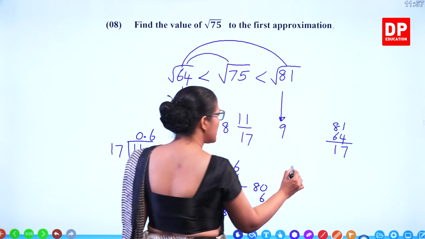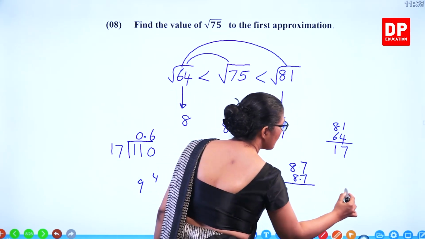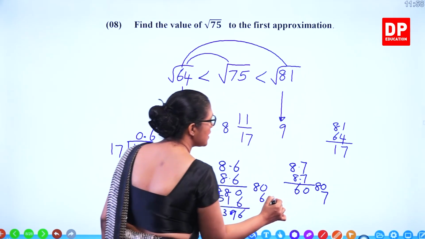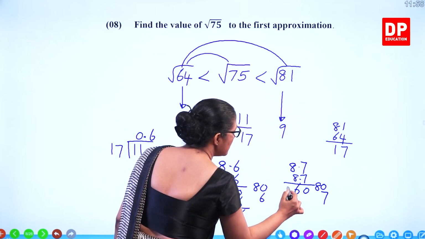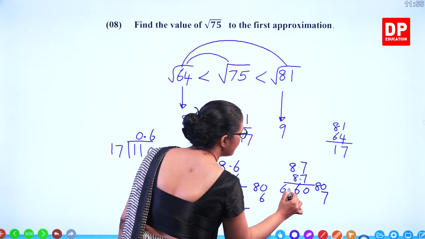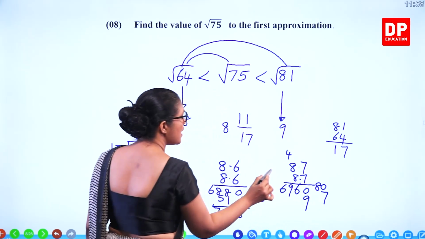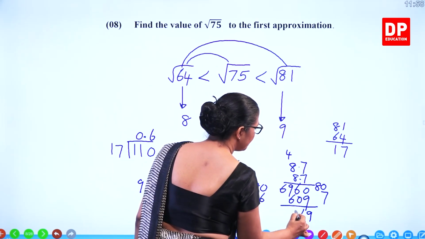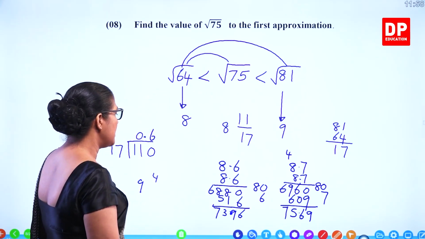If you take 8.7, 8 times 7, 56, 8 times 8, 64, 64 plus 5, 69. 7 times 7, 49. 7 times 8, 56 plus 4, 60. So 75.69. Which one is the closest?